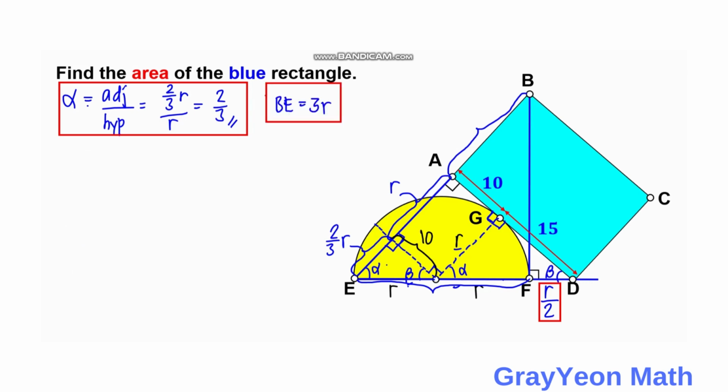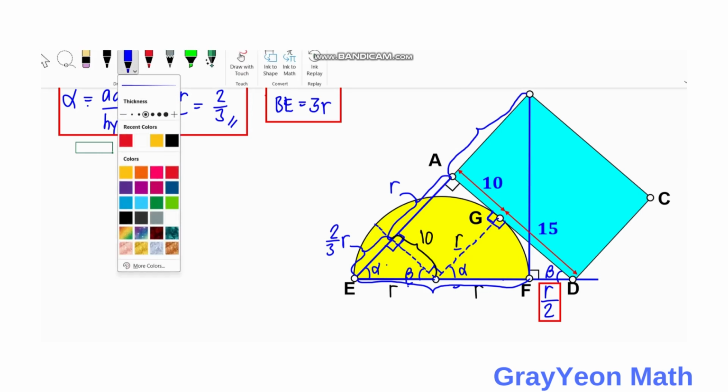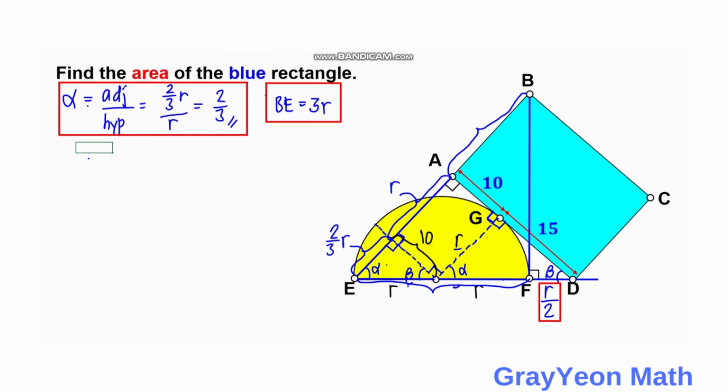Since we have the value of BE in terms of R as 3R, and we also have AE as 2 thirds R plus R, we can actually get the value of AB. AB is equal to BE minus AE.